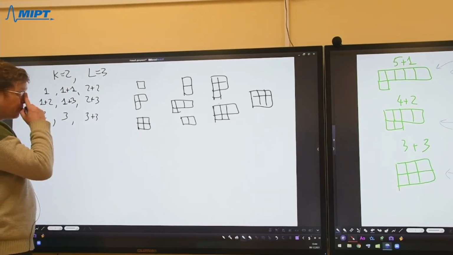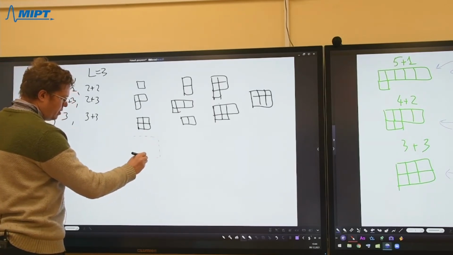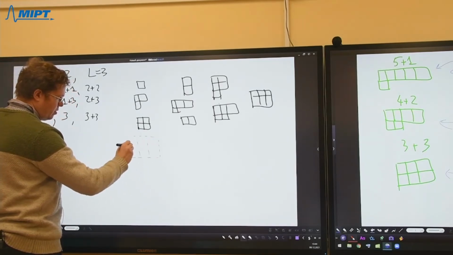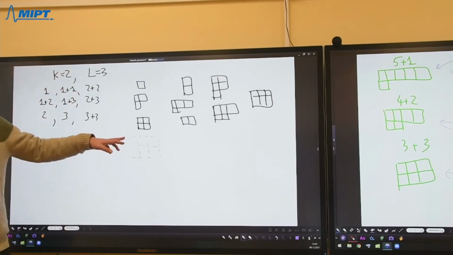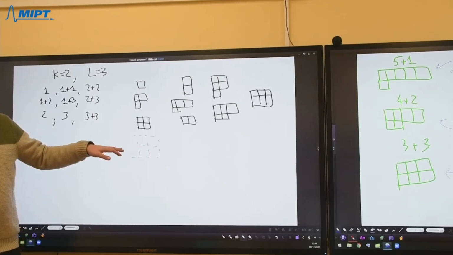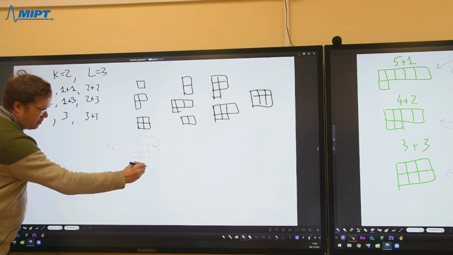So what does it mean? We have this shape, and we want to count all Young diagrams that fit into the shape. So it has no more than 2 rows and no more than 3 columns.